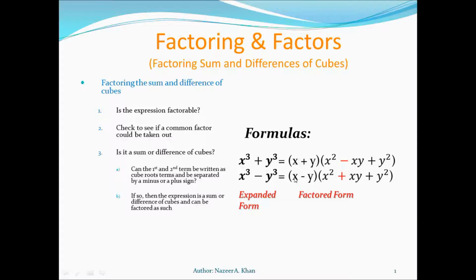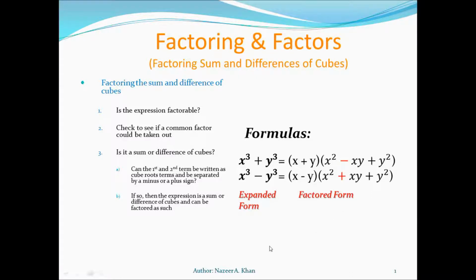I'm going to take the first term and square it and place it in the first position of the trinomial. The product of the inside, which will be minus xy, becomes plus xy for the middle term in the trinomial. And the last term, which will be minus y, is squared, and it's placed in the last position of the trinomial. So that's how that is done. It's a fairly simple process.